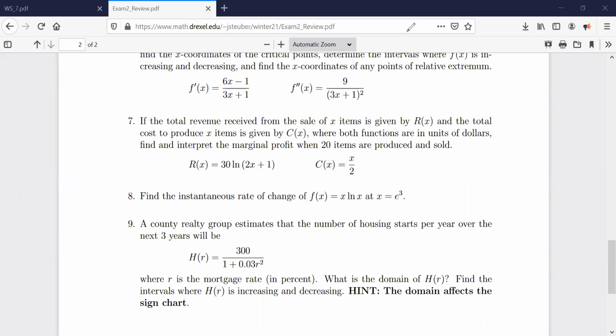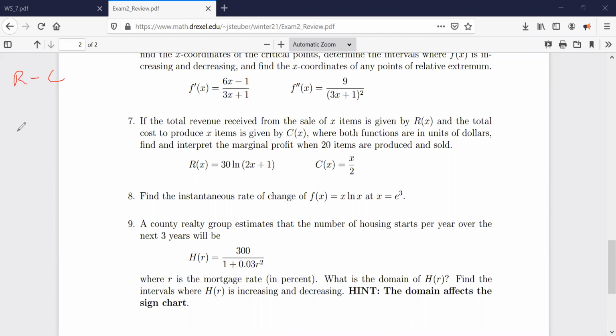Cool. So the total revenue received from the sale of x items is given by r of x, and the total cost to produce x items is given by c of x, where both functions are in dollars. Find and interpret the marginal profit when 20 items are sold. So profit is revenue minus cost. The marginal profit is the profit from producing one more item.